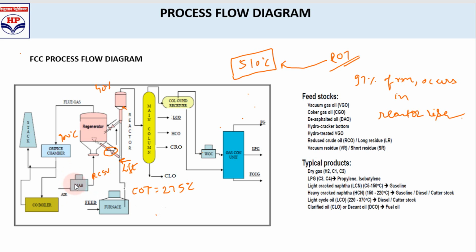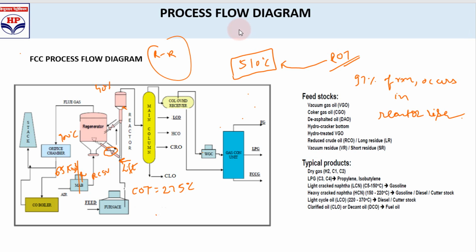We give almost 65 kNm3 per hour of air flow, and it contacts the spent catalyst and burns off the carbon. Then the fresh catalyst goes back to the reactor. So this is how we establish the reactor-regenerator cycle. Is it clear?